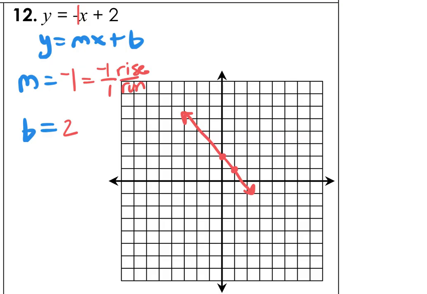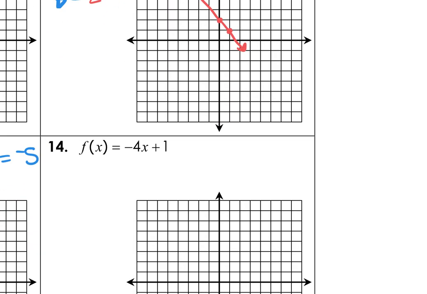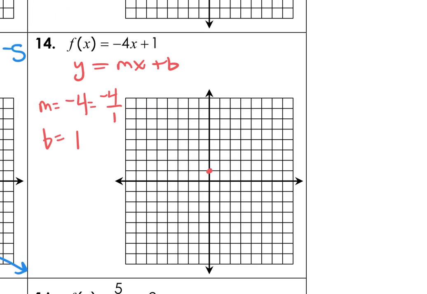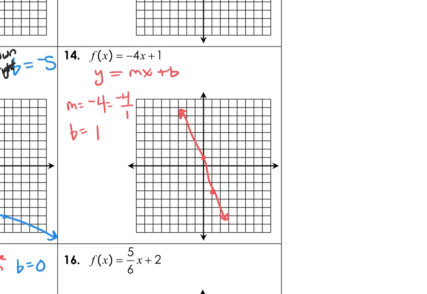Okay, looking at number 14. y equals mx plus b. Alan, what's the slope here? And the y-intercept? Yep. So I start at 1. I'm moving down 4 spaces over 1. That's it. All right.